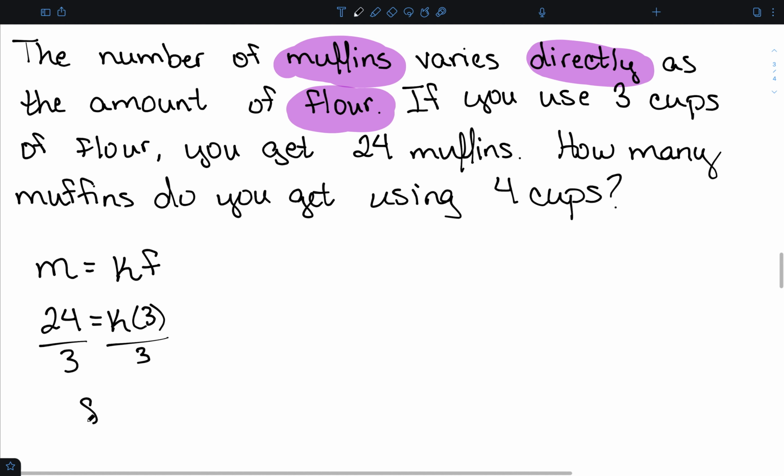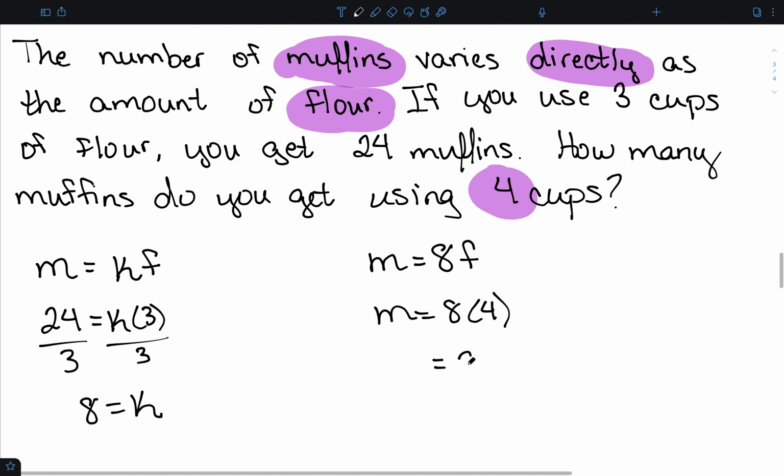Dividing both sides by 3 gives me that K is equal to 8. So if we use 4 cups of flour, we now know that M is equal to 8 times F. We can change our F to a 4, and we'll get 32 total muffins.